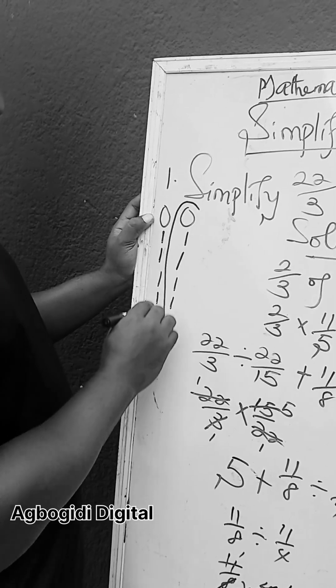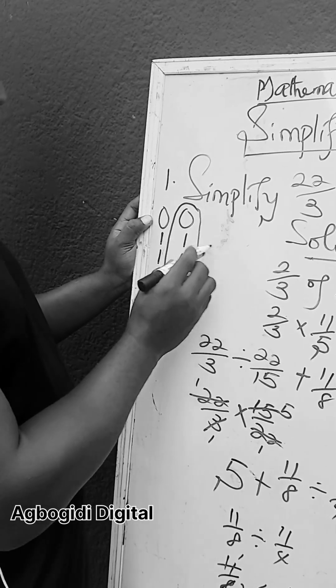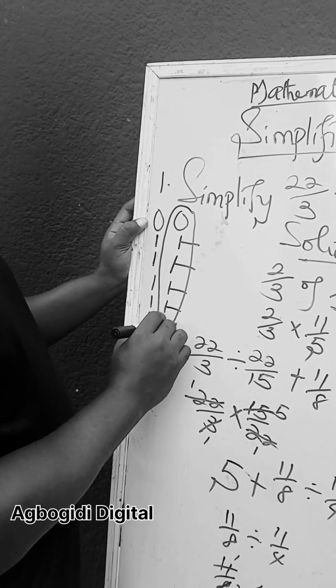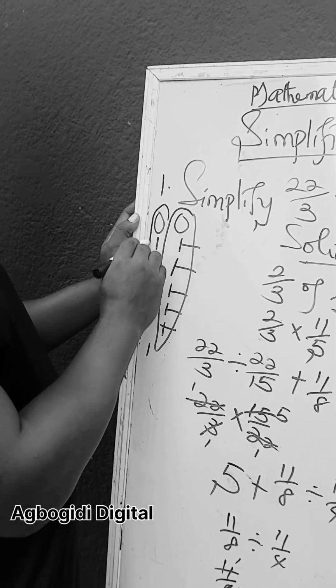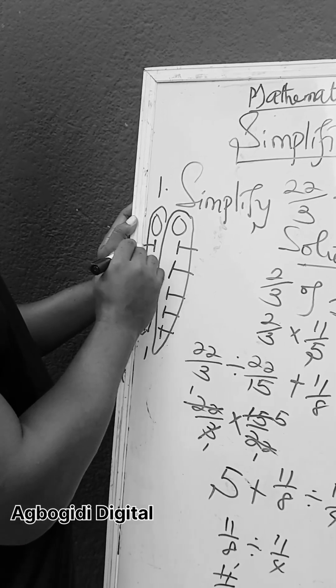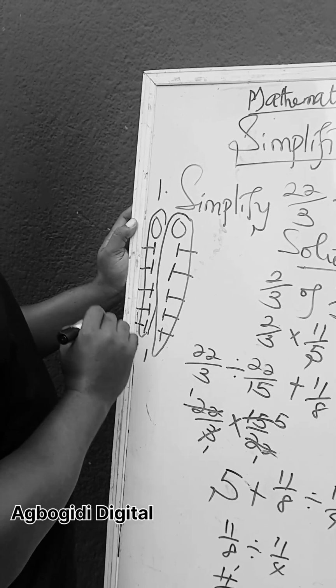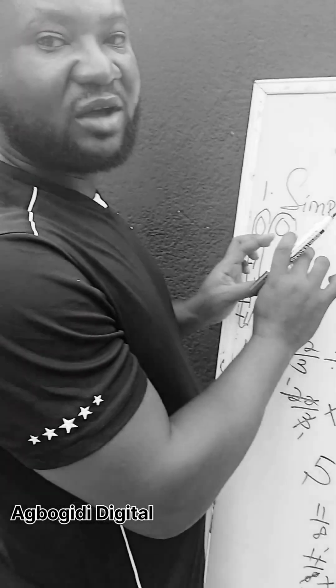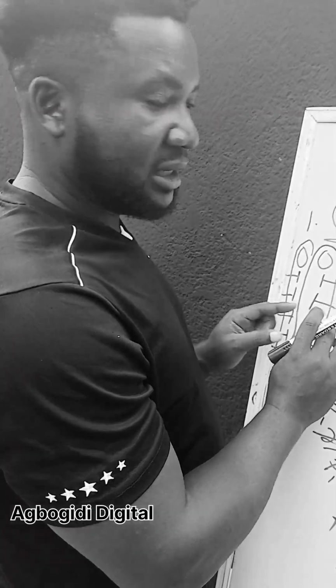So this particular person now has how many oranges? 1, 2, 3, 4, 5. This other person is having how many oranges? 1, 2, 3, 4, 5.